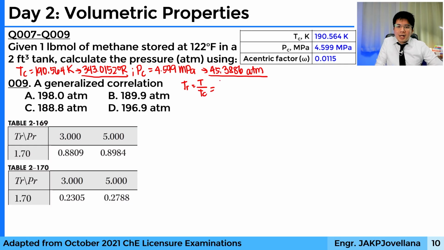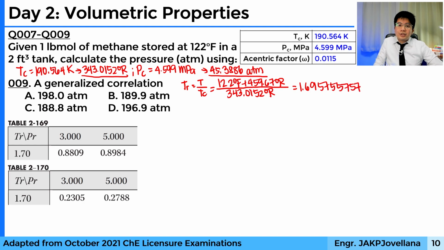So T is 122 degrees Fahrenheit plus 459.67 to convert that into Rankine, divided by Tc, which is 343.0152 degrees Rankine. So solving, the value of TR is around 1.6957.